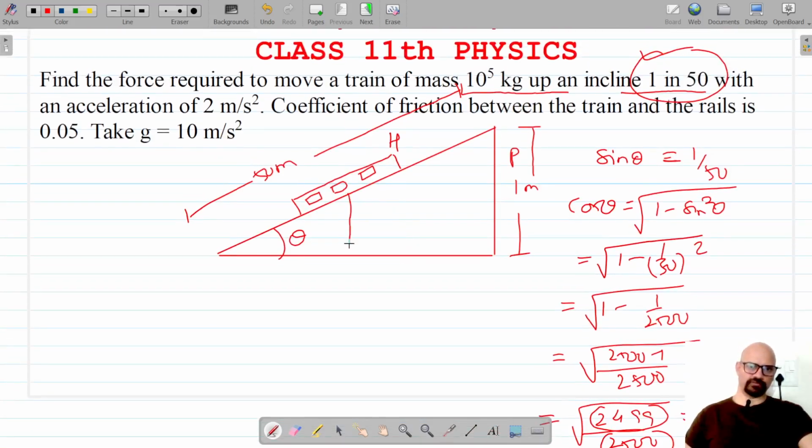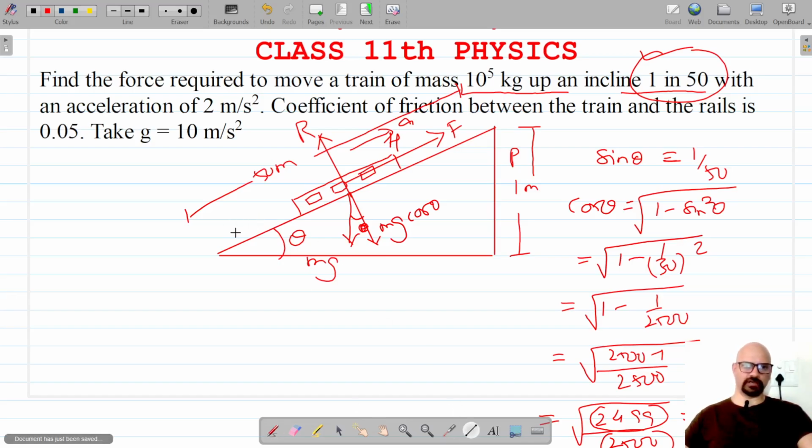Now the weight of this train is acting vertically downwards, and this is the normal direction R, which is balanced by the component mg cos theta. This is theta. Now this train has to move up, so the acceleration is in this direction, and we require a force in the upward direction.